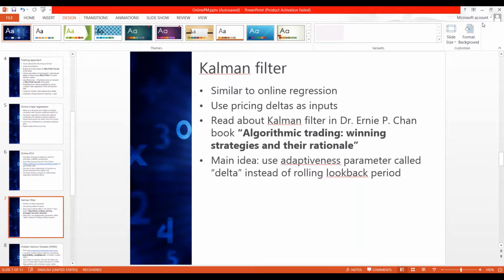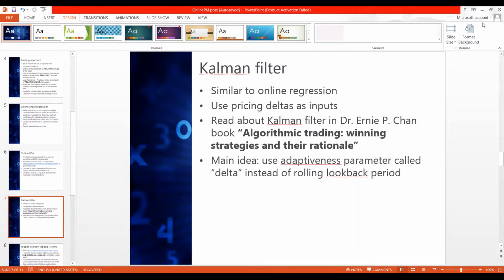It is very similar to the online linear regression approach. It incorporates statistical spread coefficients, but does not use a look-back rolling window. Instead, the Kalman filter is parameterized by a delta parameter, which influences the adaptiveness of the filter.